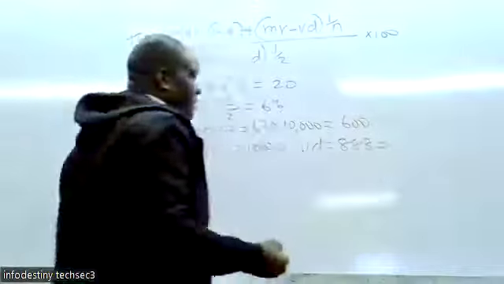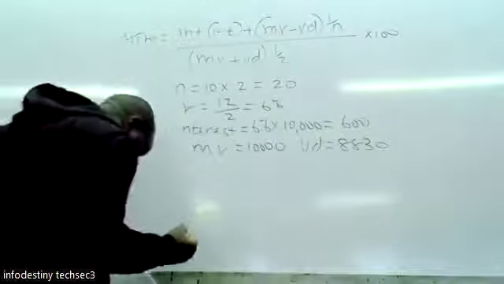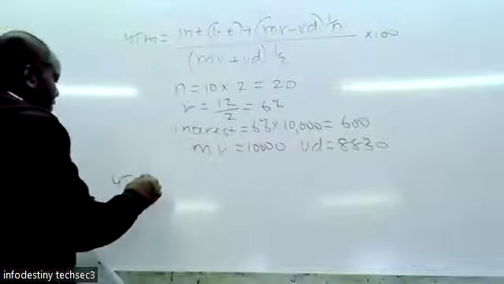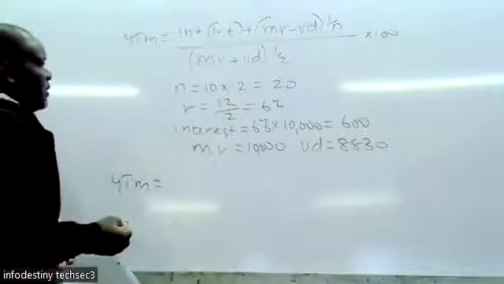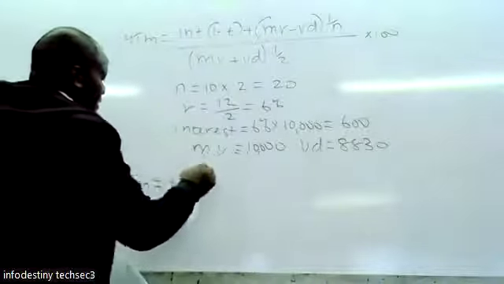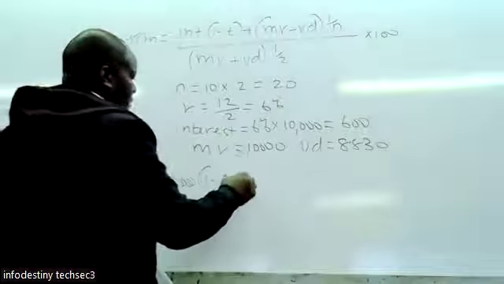So now you can calculate what should be the yield to maturity. Interest will simply be 600, then 1 minus the corporate tax rate.